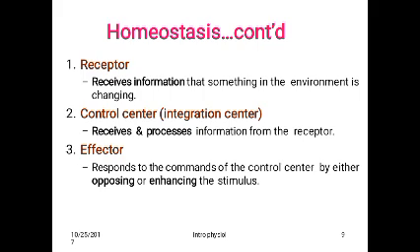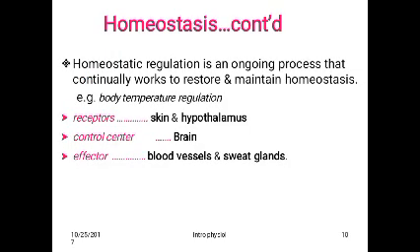The control center, or integration center, receives and processes information from the receptor. The effector responds to the commands of the control center by either opposing or enhancing the stimulus. Homeostatic regulation is an ongoing process that continually works to restore and maintain homeostasis.